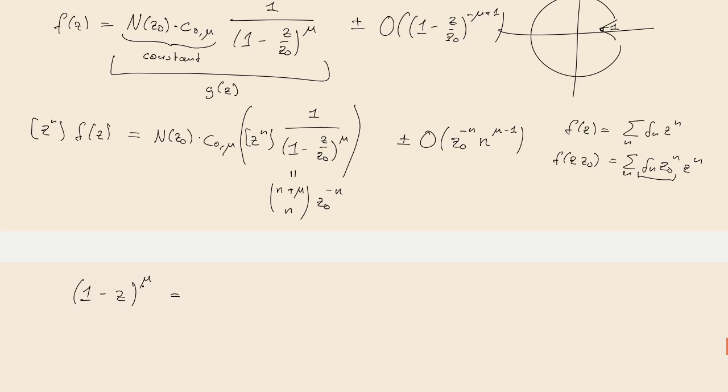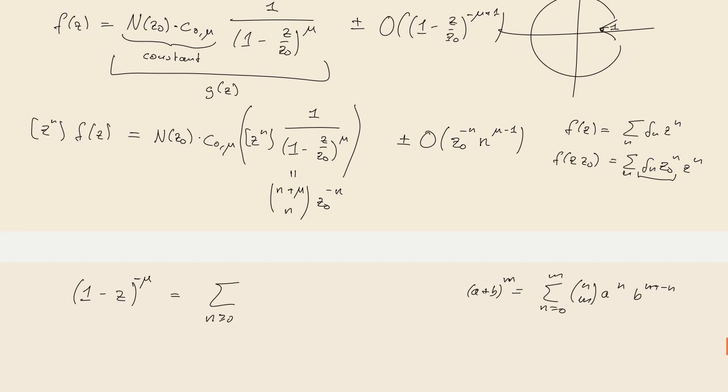Even if this is a negative power, like here, we can use a generalized form of the binomial theorem. So the binomial theorem, you know, is like this, to the m, m minus n, this is n.